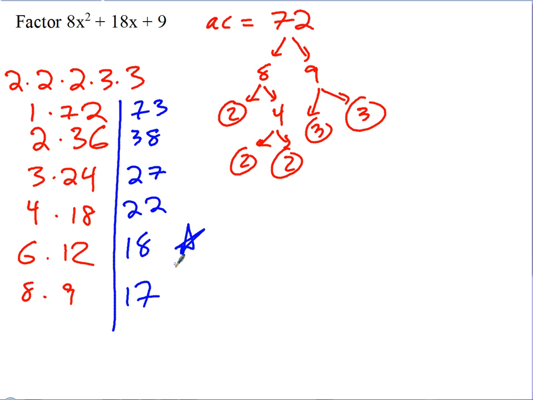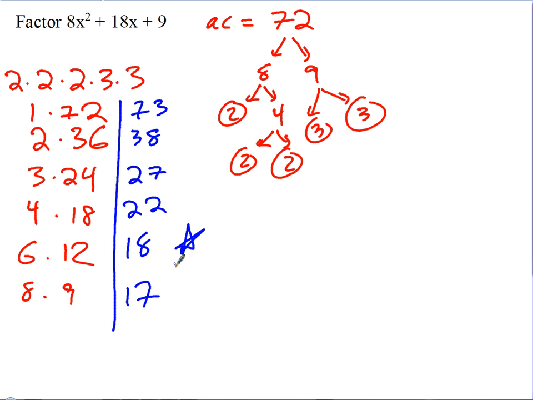If we wanted numbers that added to a really big number, we'd want to move up this list. Maybe we don't need to make the whole list. Maybe we could skip down a little bit. We're just trying to get the one pair of numbers that multiply to AC, 72 in this case, and add to 18. I don't care about having all those. I just want the one that works. So anything that speeds that process along might be helpful.